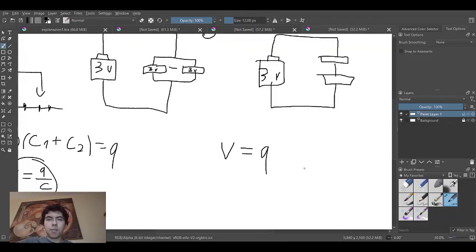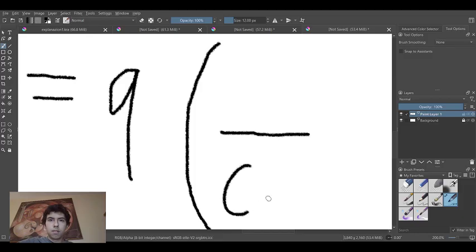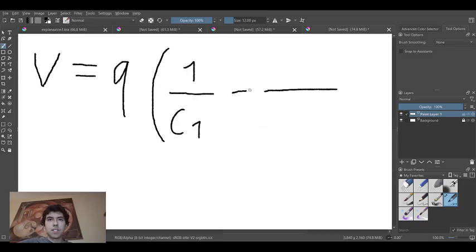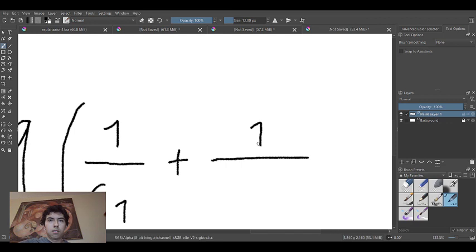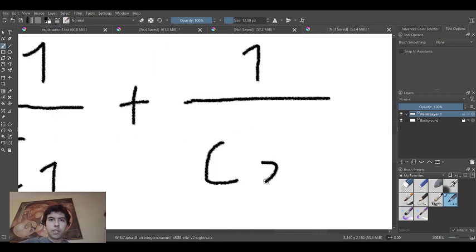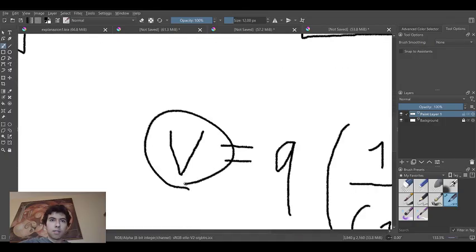And therefore, what we're going to have here is the capacitance of these two over 1, added. This is going to be added up, and that's going to equal our voltage.